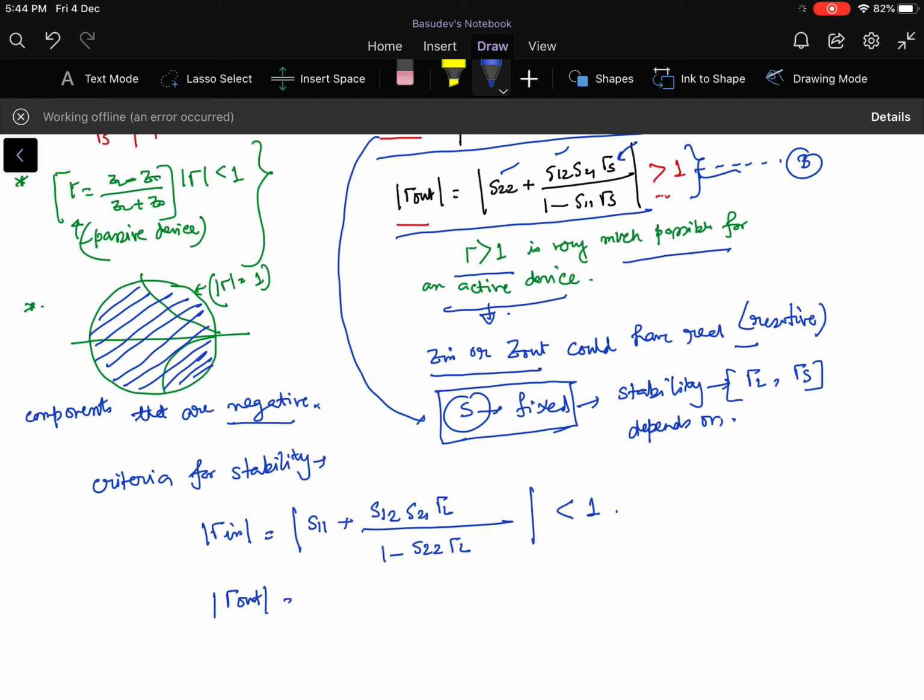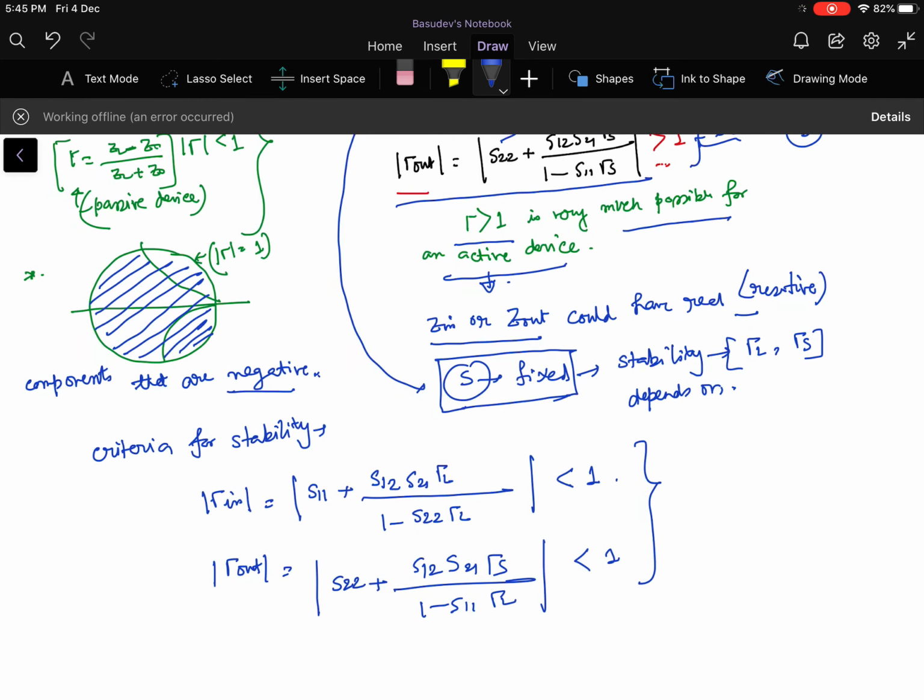In a similar way, my tau out will be S22 plus S21 S12 tau S divided by 1 minus S11 tau S, less than 1. This is the criteria for stability, and if you assume equal to 1, then this is the critical stability, and we are on a boundary line.